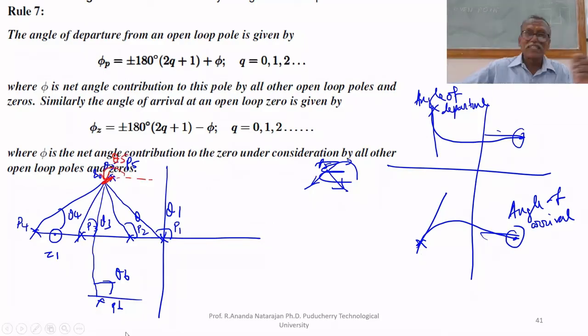We know that S0 is on the root locus. Therefore, if you add all these angles, it must be equal to 2q plus 1 multiplied by 180.